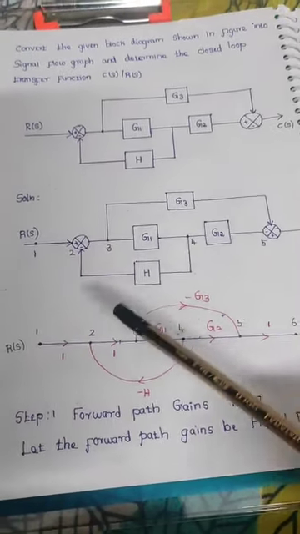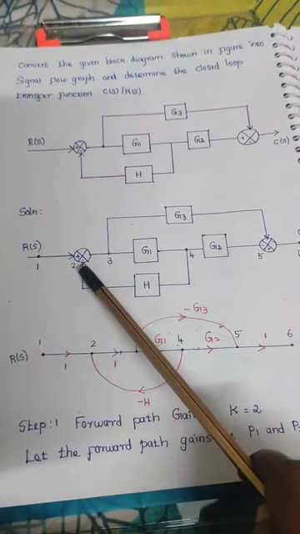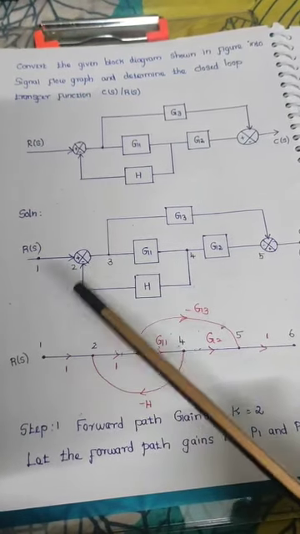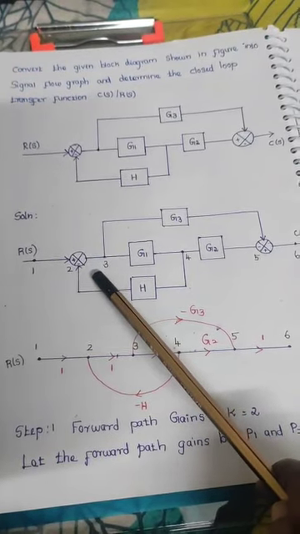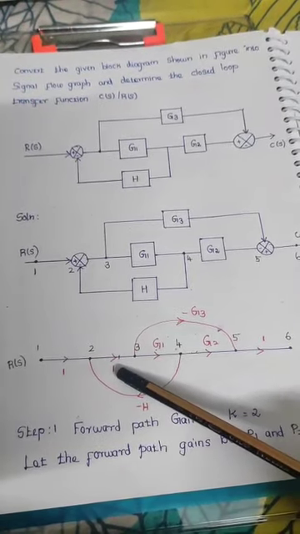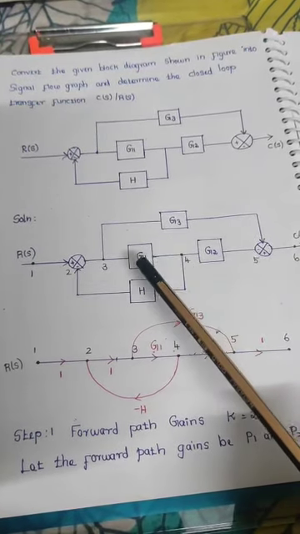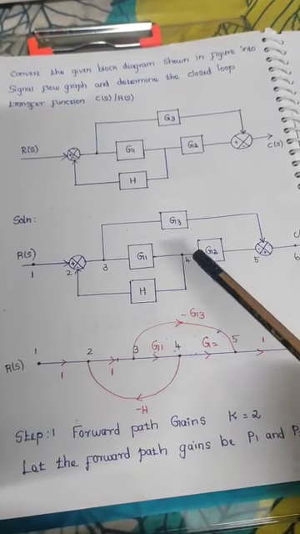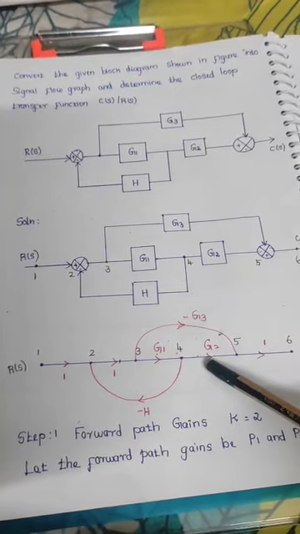Next, we assign the values. How will you assign the values? Between 1 and 2, nothing is there, so we consider that as 1. Between 2 and 3, here also there is no value, so we consider that value also 1. But between 3 and 4, the value is G1, so take this as G1. Between 4 and 5, the value is G2, write that G2 value.